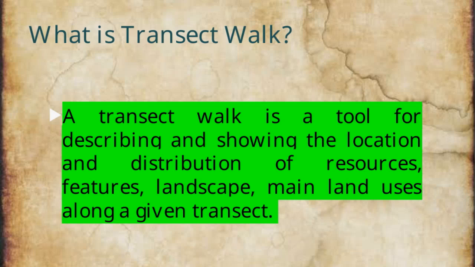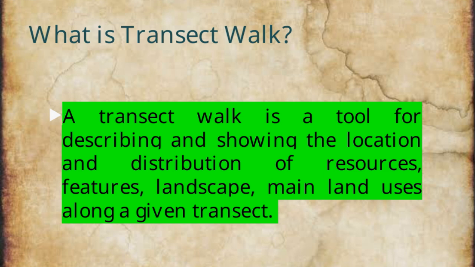A transect walk is really a practical tool that helps us describe and understand the landscape around us. It allows us to identify and show the locations and distribution of resources, features, and land uses along a specific path or line, which we call a transect. By walking along this line, we can observe how different elements are arranged and how they change from one point to another.